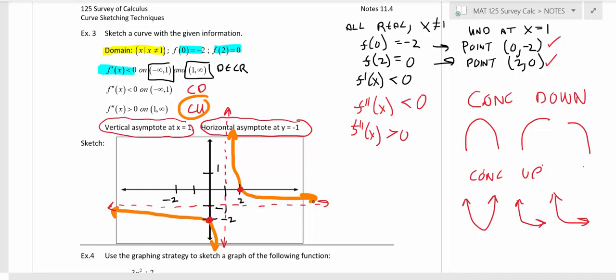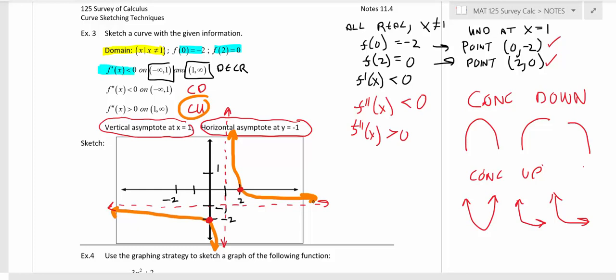So when it's concave down, is the graph below or above the tangent line? On concave down, the graph is below the tangent line, like that. Concave up, the tangent line is always below the graph, like that.